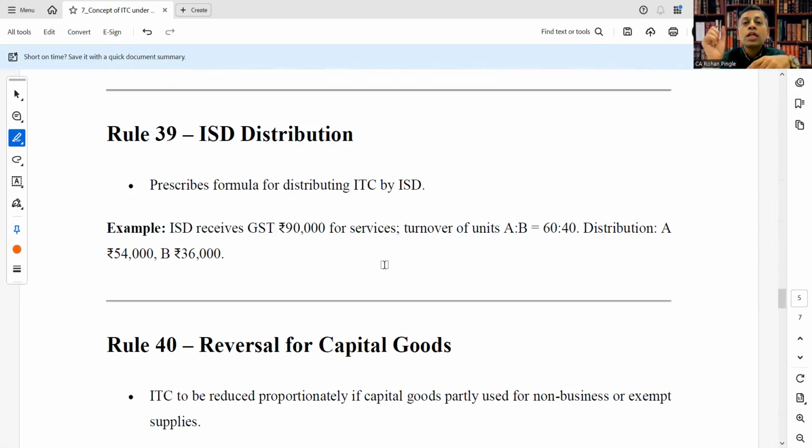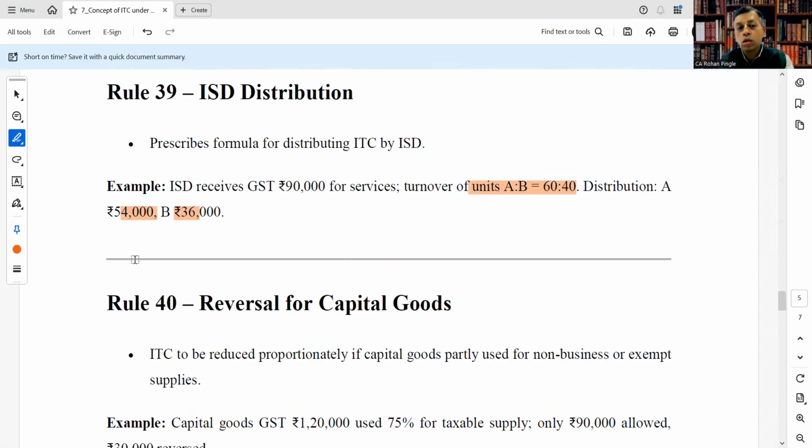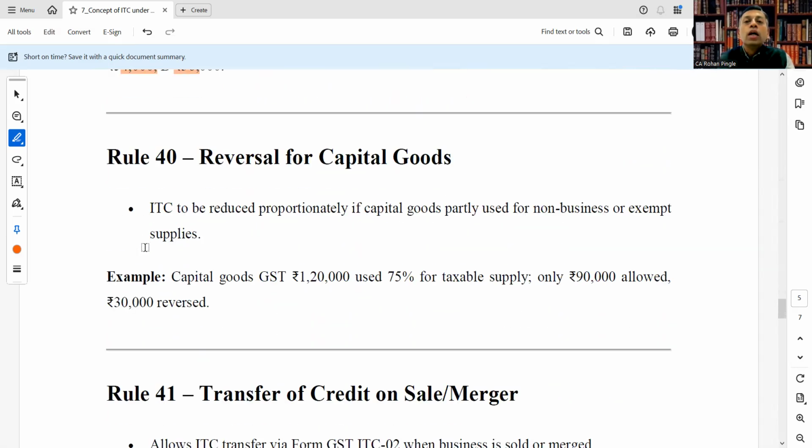ISD receives GST of 90,000 for services. Turnover of units A and B is in the ratio 60 to 40. So distribution will be in the ratio of 60 to 40, that is rupees 54,000 for A and rupees 36,000 for B. That is the ISD distribution.